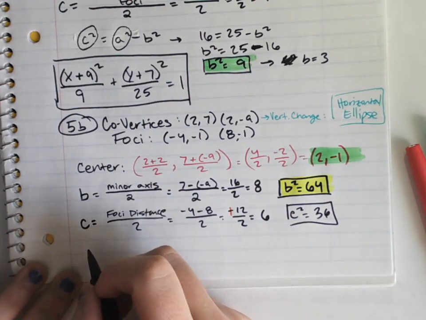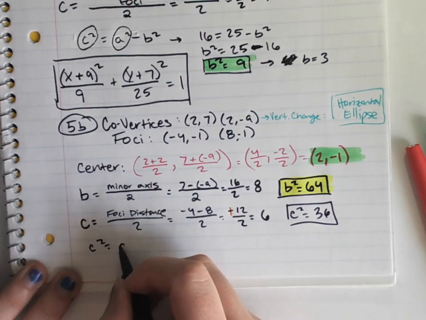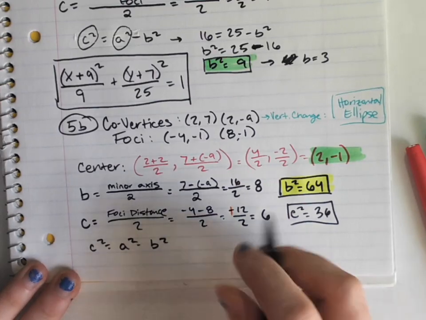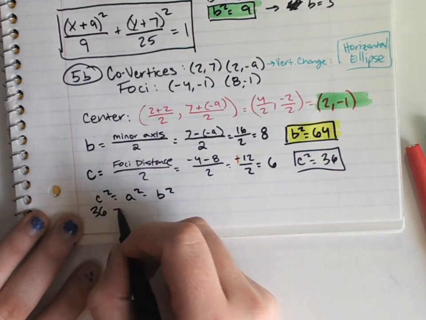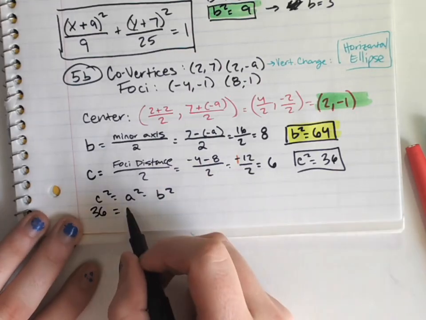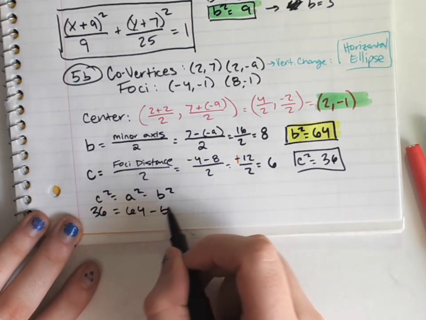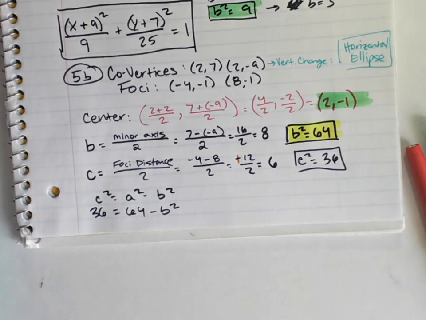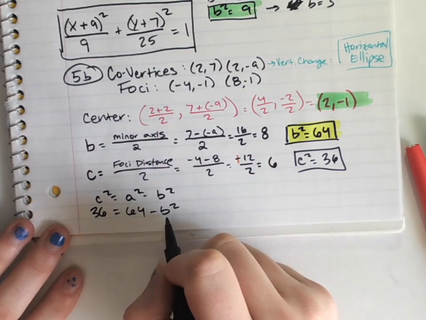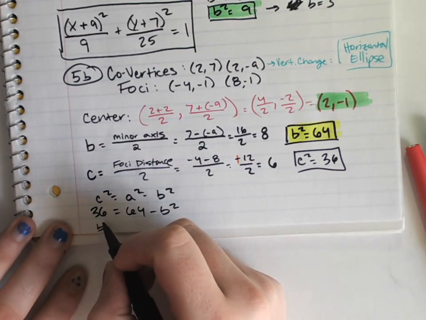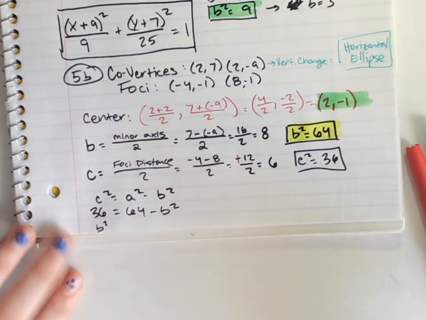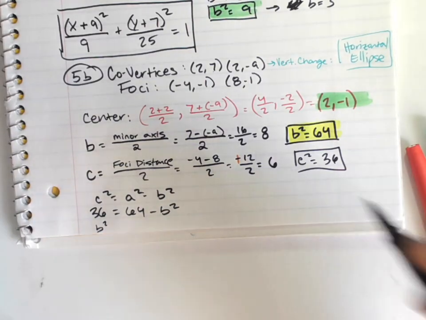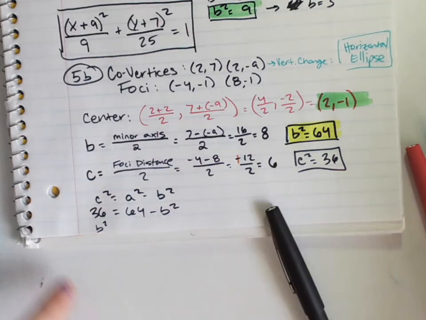So we've got C squared equals A squared minus B squared. 36 is equal to 64 minus B squared. So I could, if I wanted to, add B squared over here. Hold on. I messed up.